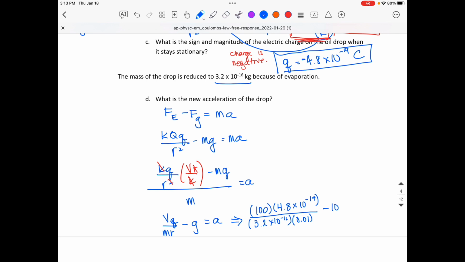Mass and charge are not related at all, so the charge stays the same as the oil drop evaporates. Let me calculate the acceleration, and I end up with an acceleration of 5 meters per second squared. And that is your final answer for problem number 5.